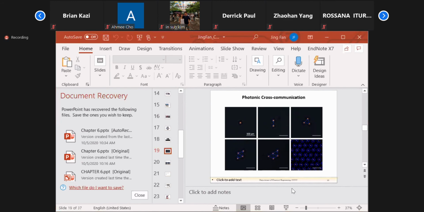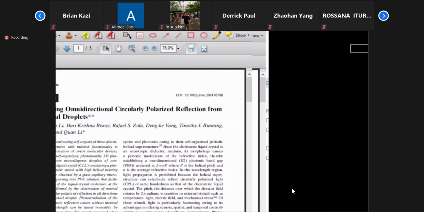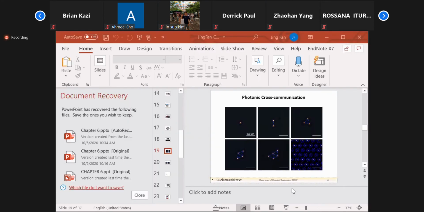Let me see if I can show you. Let me start a new share. This is from the paper.